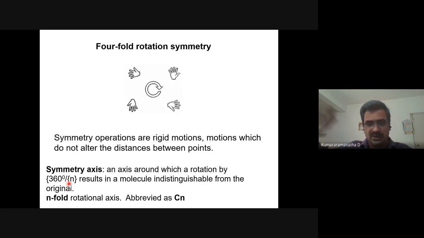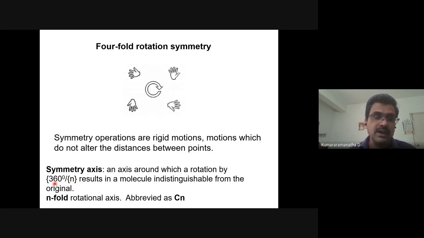Whatever object you take, like a pen or whatever you want, if you do a 360-degree rotation, it comes back to the original shape. You are all aware of that. But if you do 180 degrees, it will become inverted. So the symmetric axis is how you rotate an object into a form indistinguishable from the original, essentially 360 by n.